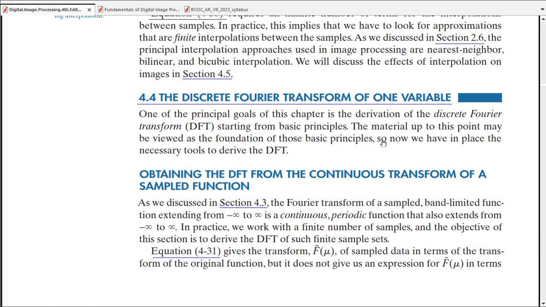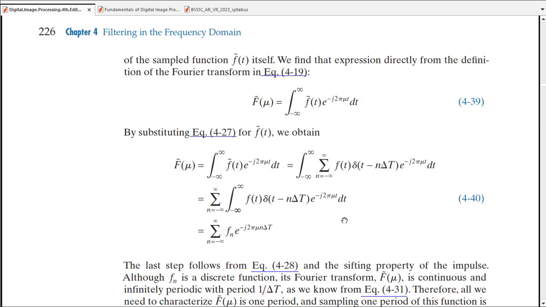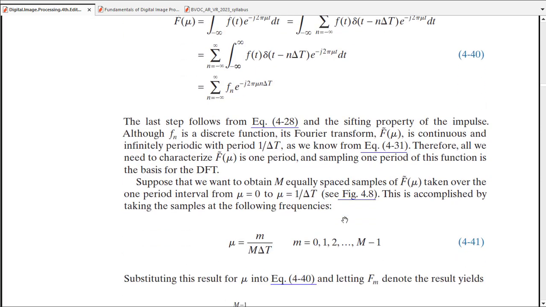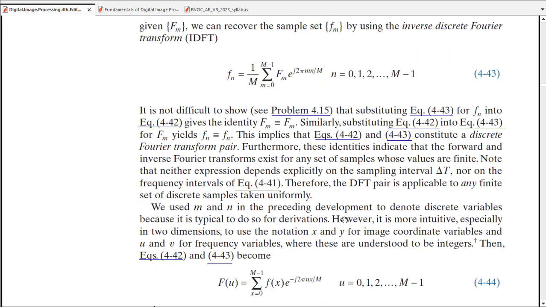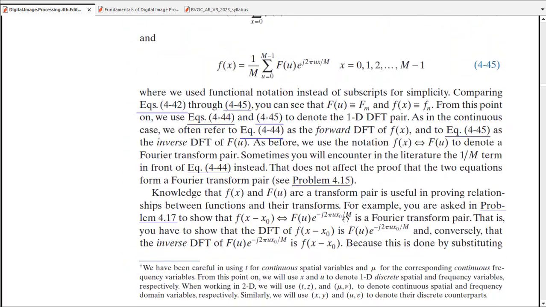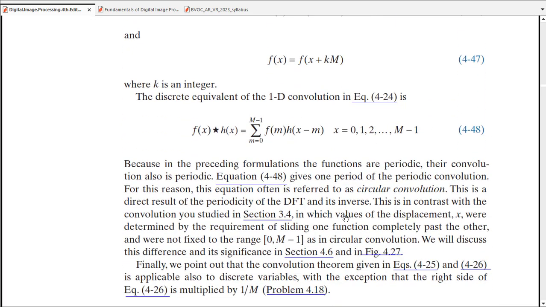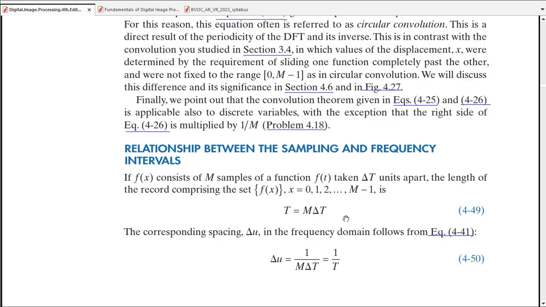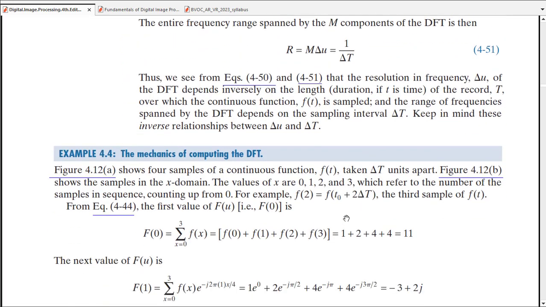Here DFT means the information along with the Fourier transformation in two dimensions. Here is the relationship between the sampling and the frequency intervals.